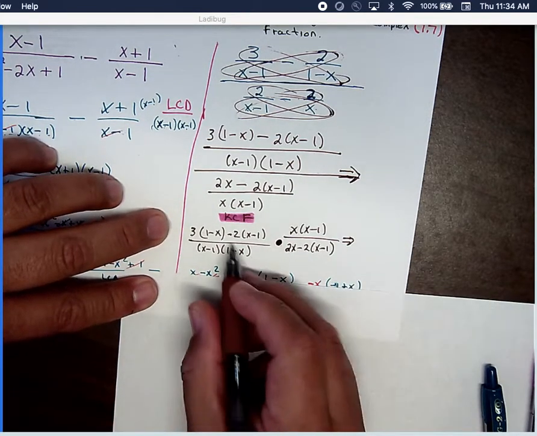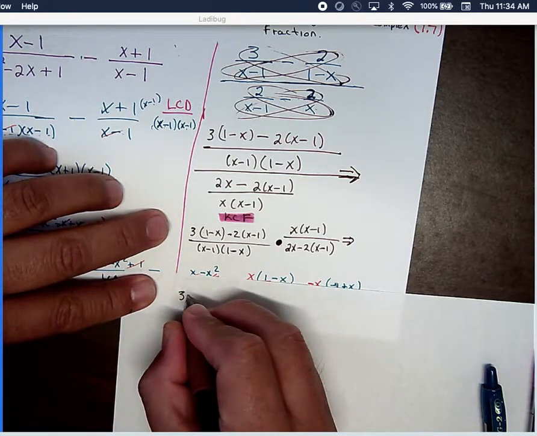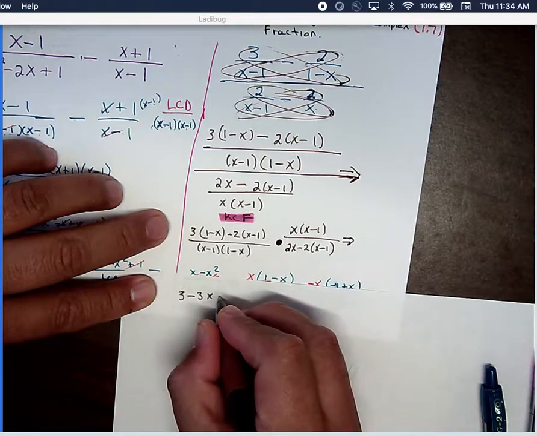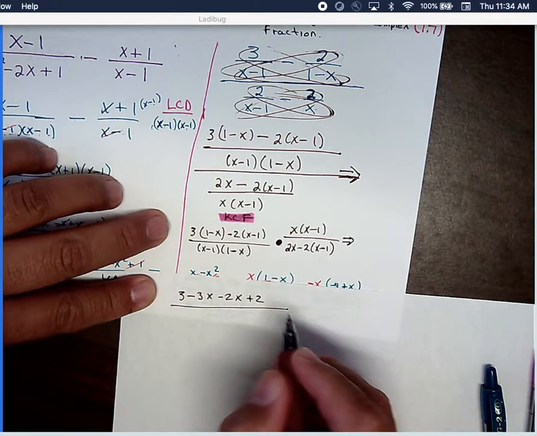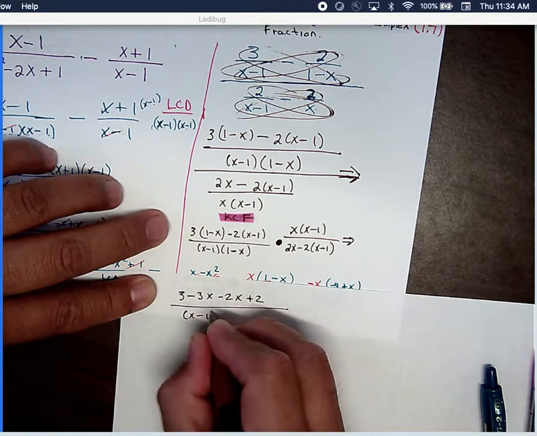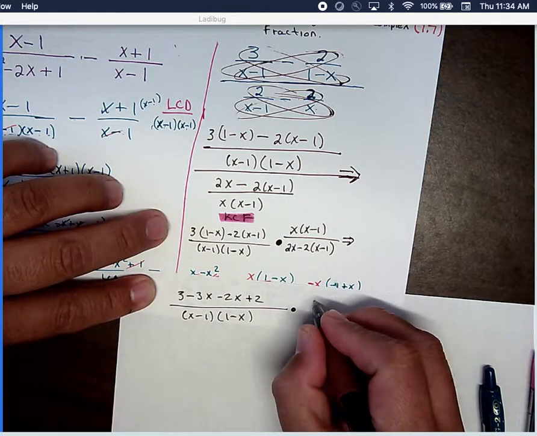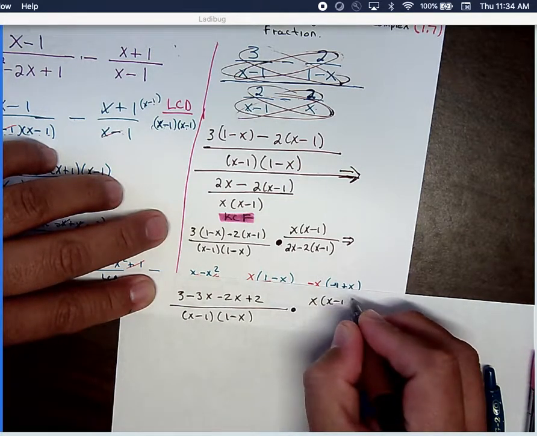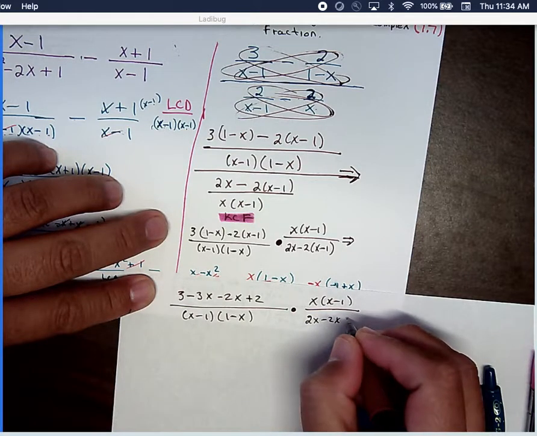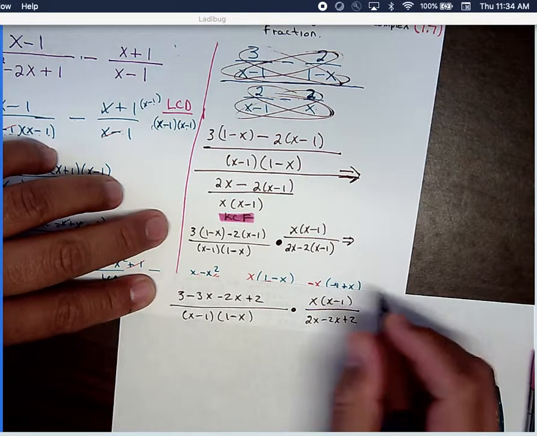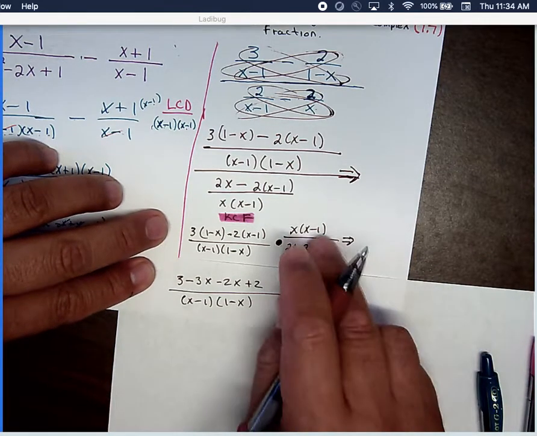So let's do this one. So that's gonna give me 3 minus 3x minus 2x plus 2, and then x minus 1 minus x times, and that one I'm gonna leave it alone, and then 2x minus 2x plus 2, negative 2x plus 2. Okay, so we're doing this one.